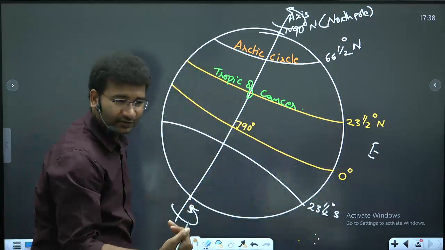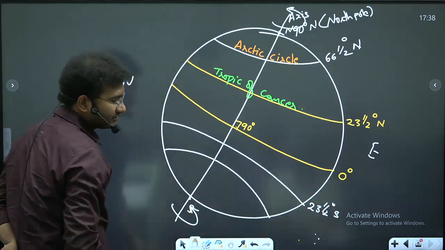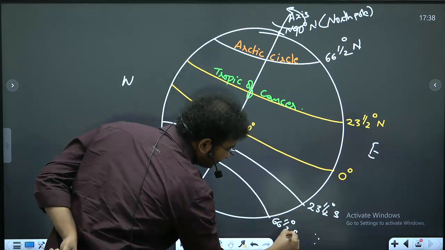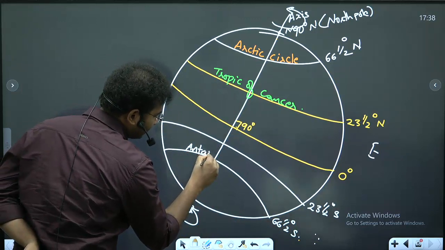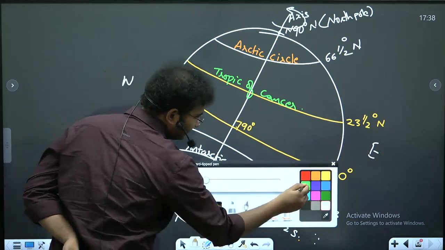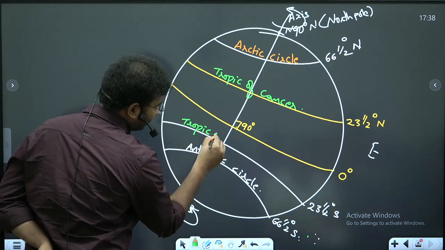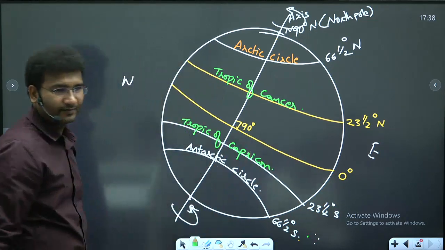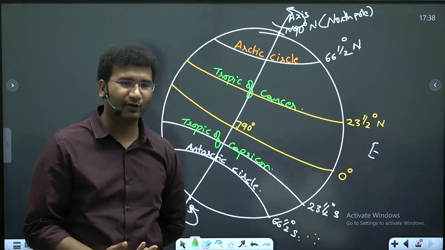Any place south of the equator is called southern latitudes. So this is 66.5 degrees south, called the Antarctic Circle. And 23.5 degrees south is called Tropic of Capricorn.